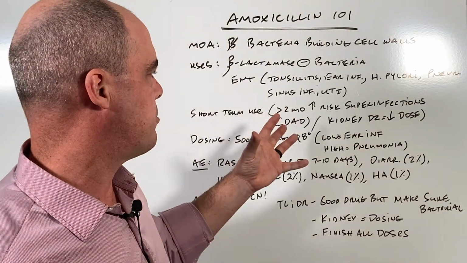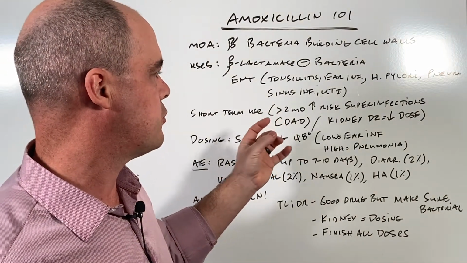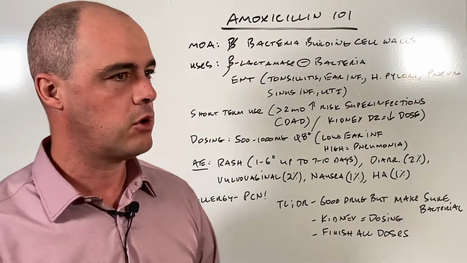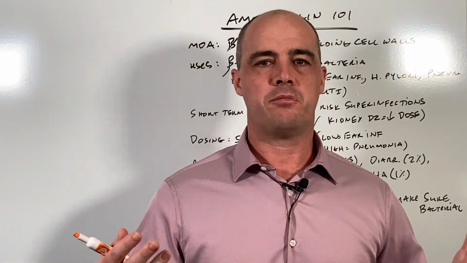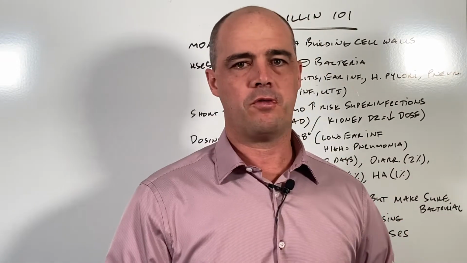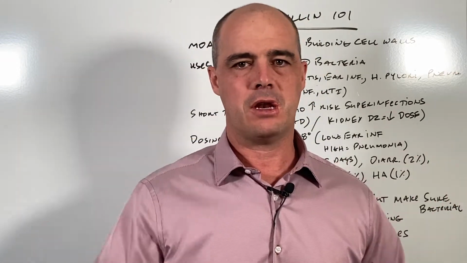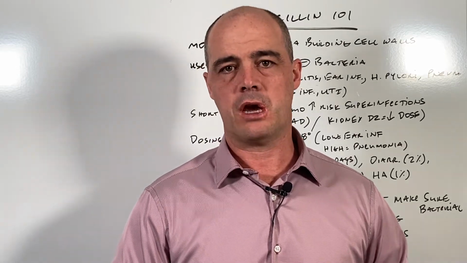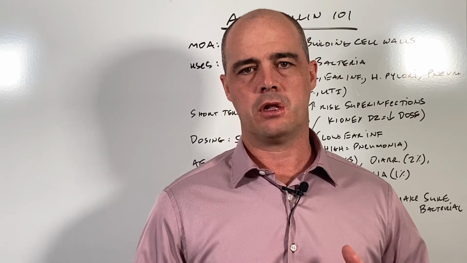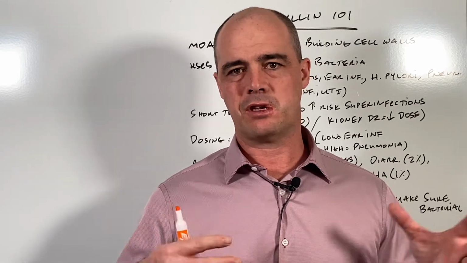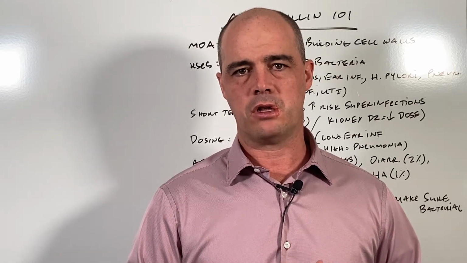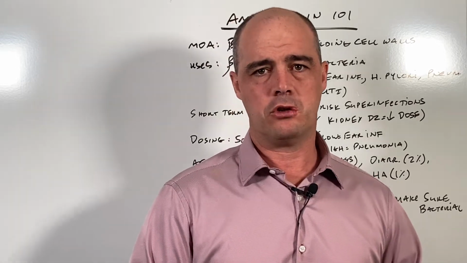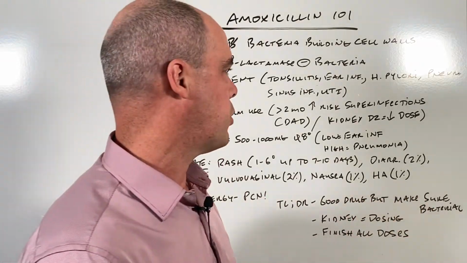An example of that would be Clostridium difficile associated diarrhea, the CDAD. We're killing off bacteria, and then we can get overgrowth of other bacteria over this extended period of time, and people will develop this severe diarrhea. So we really want amoxicillin to be ideally a 7 to 14 day regimen, no longer than that unless we absolutely have to. And if we do, we definitely want to try to keep it under 2 months. We are probably going to run into problems.